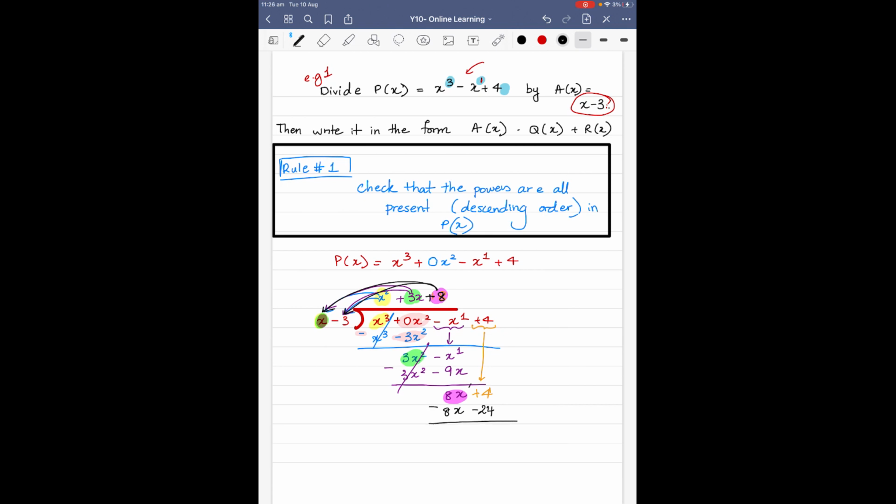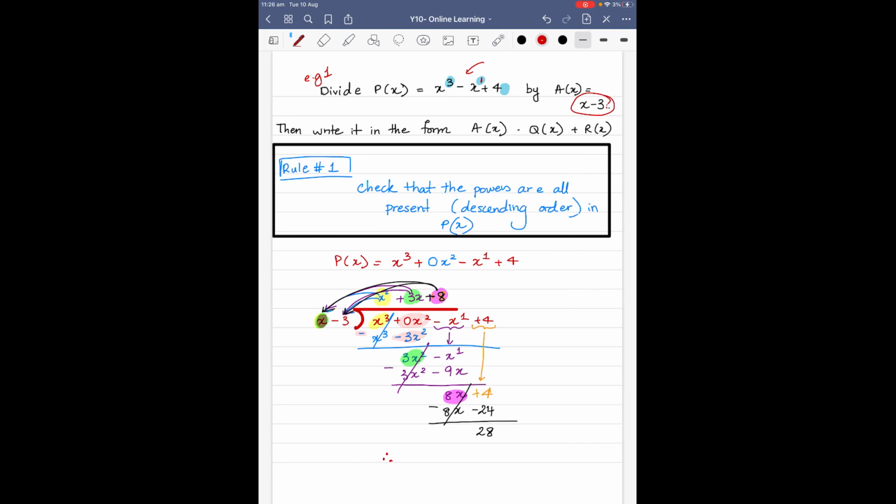Find the remainder, subtract it. That's gone because 8x minus 8x is 0. We know 4 minus minus 24 is 28. Now you want to rewrite it in terms of polynomials. So therefore, we know that this times this plus your remainder is going to give you your polynomial.